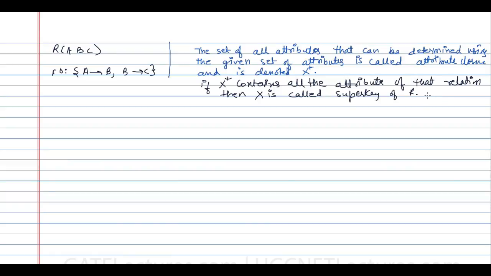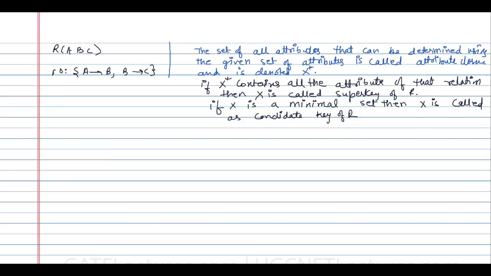So where R is the relation. And now if X is a minimal set, then X is called as candidate key of relation R.